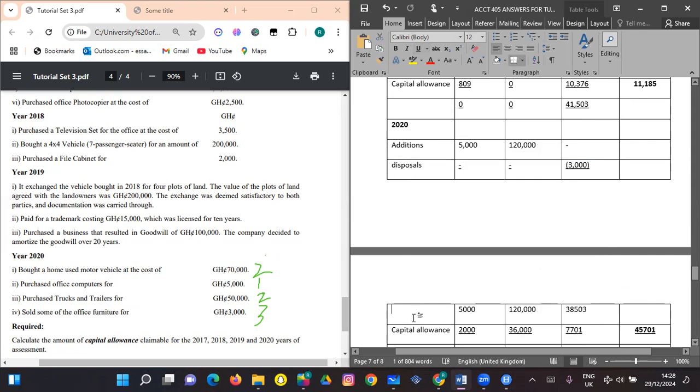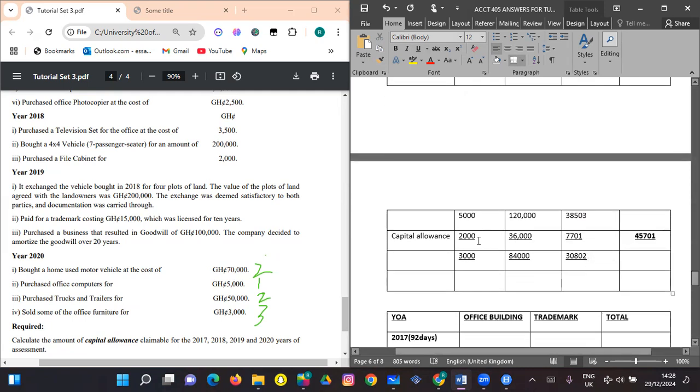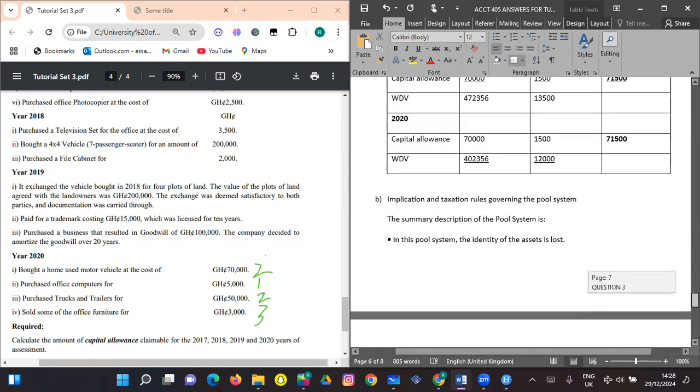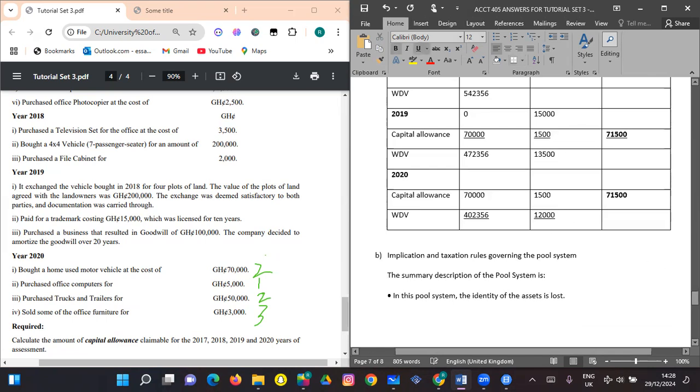So now, after taking out our capital allowances, this is what we are having here, right? So now, they're asking us for the capital allowance claimable.